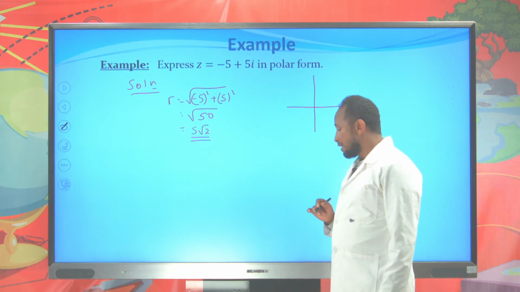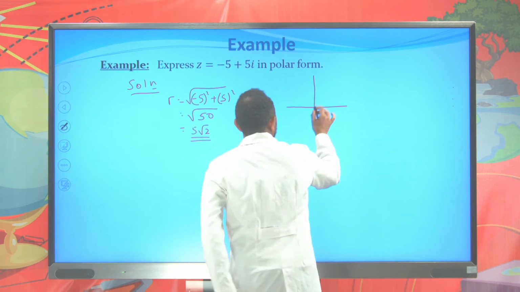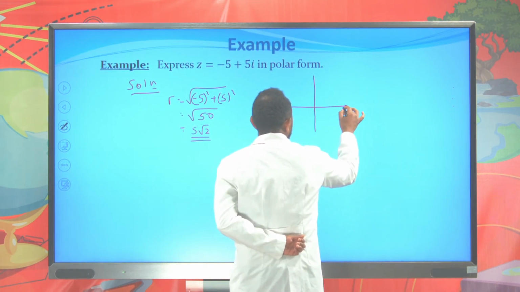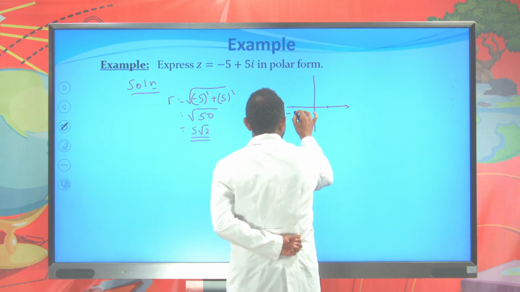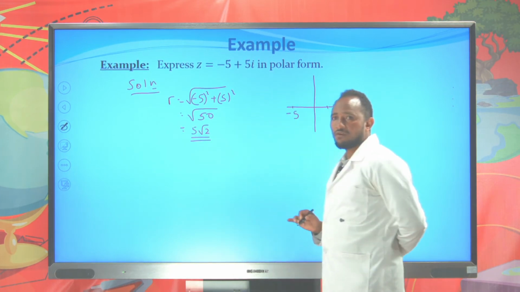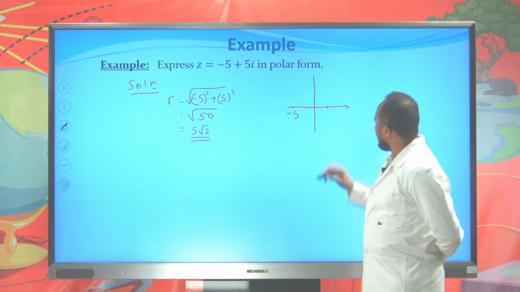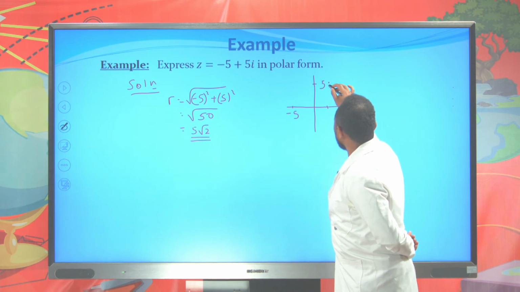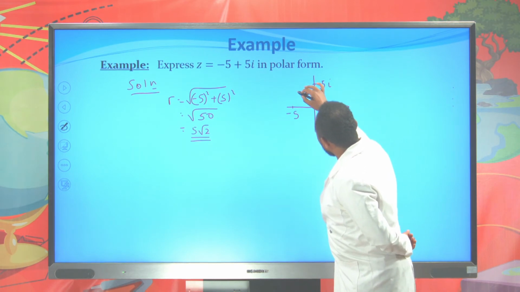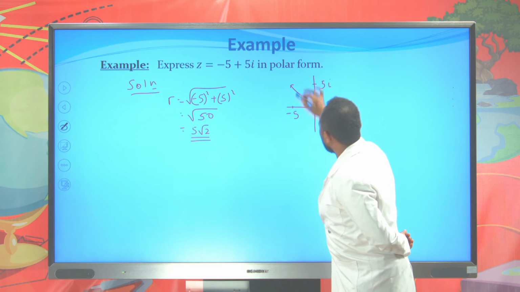So here, this is the real axis: 1, 2, 3, and so on. We have negative 5 here, and 5i is here on the imaginary axis. Therefore, this is our complex number.